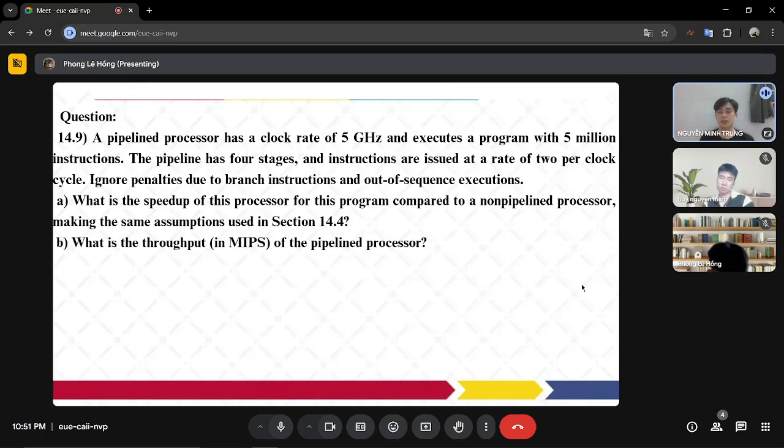Ignore penalties due to branch instructions and out-of-sequence execution. A. What is the speedup of this processor for this program compared to a non-pipelined processor, making the same assumptions as in question 44? B. What is the throughput in MIPS of the pipelined processor?